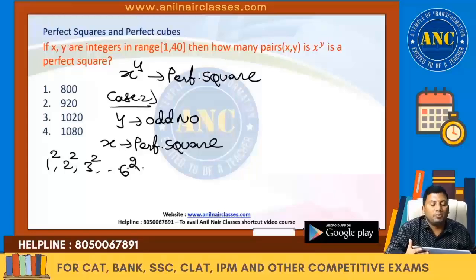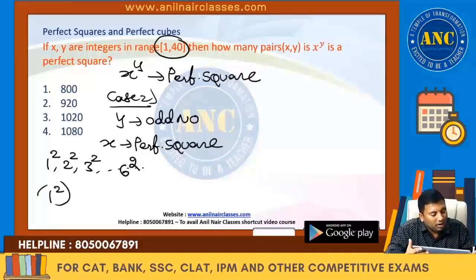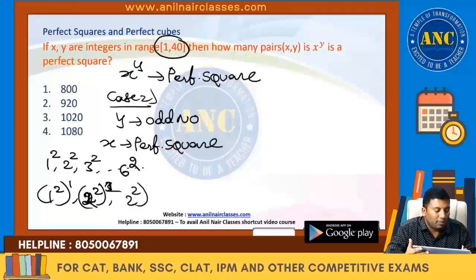Are you all with me? Because I cannot take 7 square, 49, since the range is from 1 to 40. So 1 square power 1, 2 square power 1, 2 square power 3, 2 square power 5, 2 square power 7 and so on.